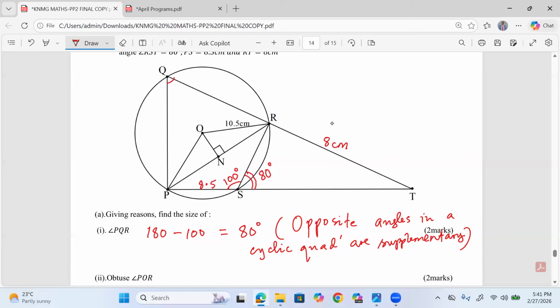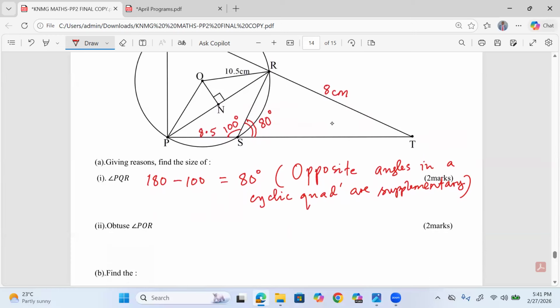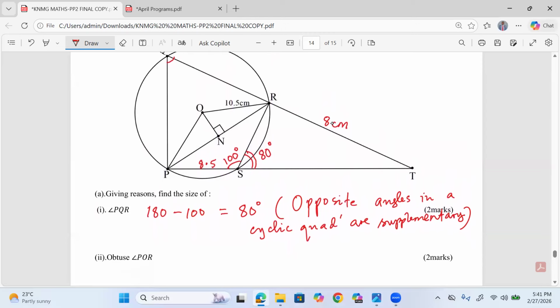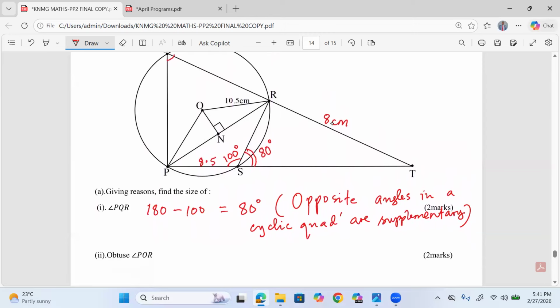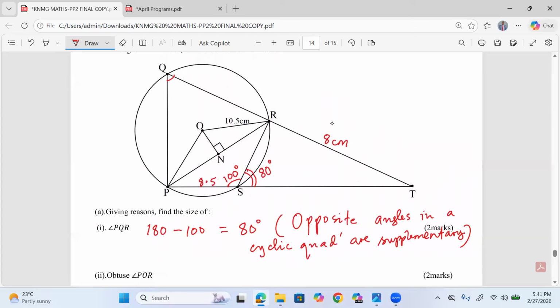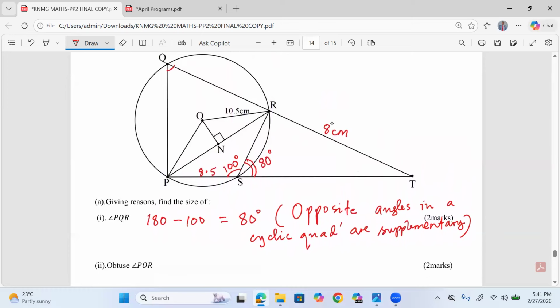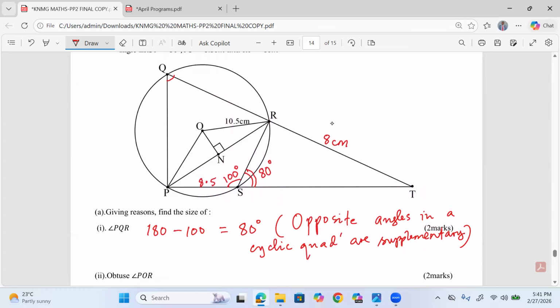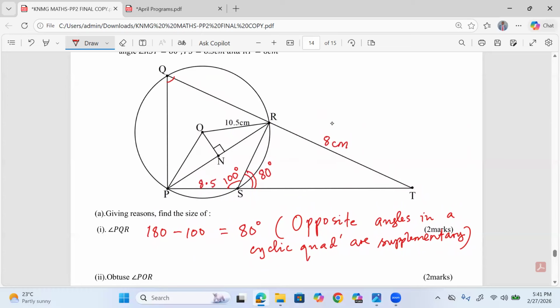Something else that we are finding is the obtuse angle POR. Obtuse means an angle that is greater than 90. So POR, we mean this one.